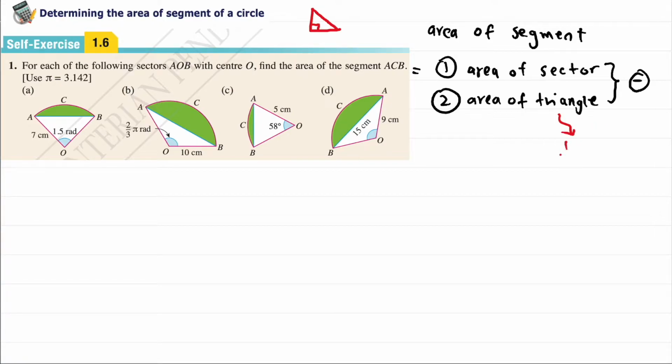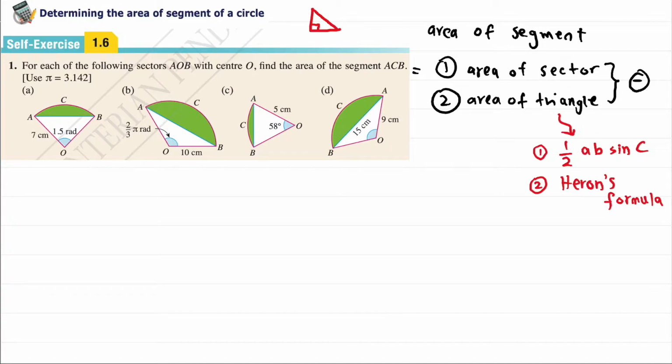We have 1/2 AB sin C. Okay, this is another one option. Another option apa? Kita boleh gunakan Heron's formula. So nanti kita akan tengok dua-dua contoh yang mana kita boleh apply pakai formula sin ataupun kalau kita boleh gunakan Heron's formula.